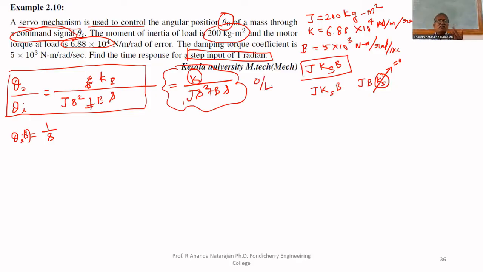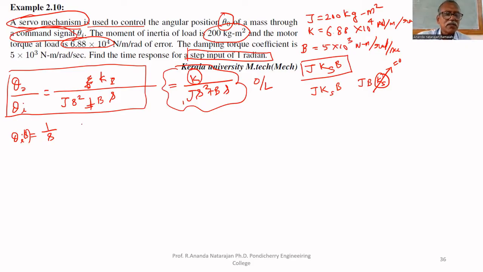But where is it mentioned that it is a closed loop system? It is mentioned that a servo mechanism is used. A servo mechanism means a feedback system. So the open loop transfer function is given.